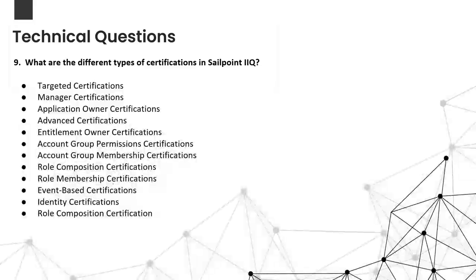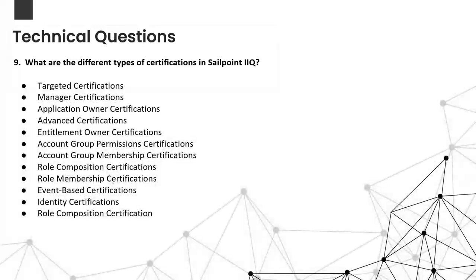These are the certifications available inside SailPoint: targeted certification, manager certification, application owner, advanced certification, entitlement owner certification, account group, role membership, role composition, event-based certification, identity certification. So these are all the popular certifications, guys.